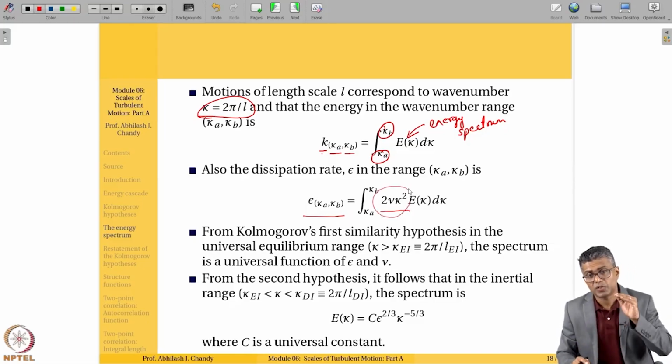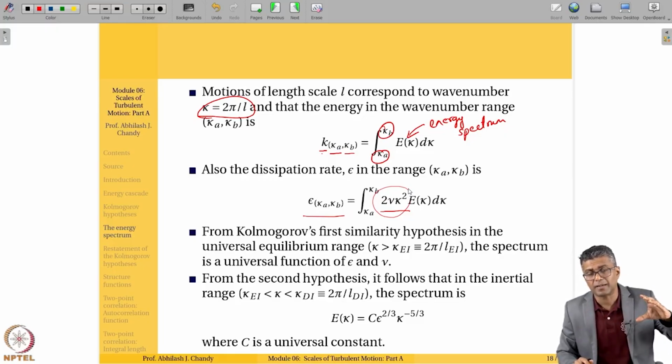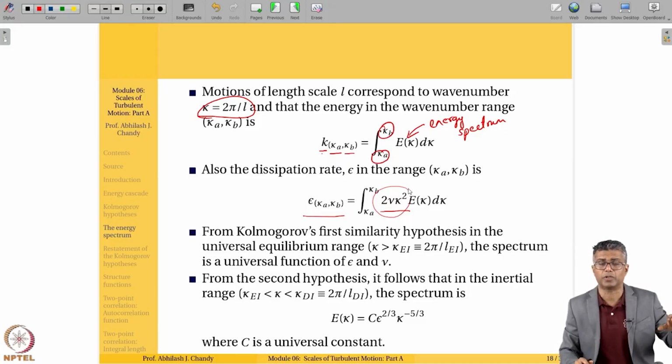For now, let's just take the dissipation as this. The integral of the energy spectrum function, the area under the curve, is the turbulent kinetic energy. And the integral of 2 nu kappa squared times the energy spectrum function is the dissipation. So that's your definition for the turbulent kinetic energy and the dissipation.